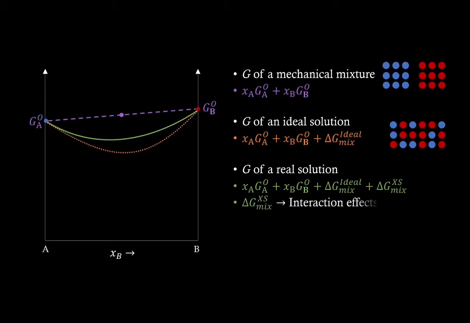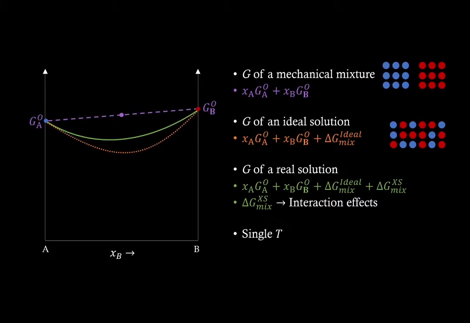So this excess takes care of all the interaction effects. We know that in an ideal solution there is no interaction between elements; we talk about enthalpy of mixing being 0. Here in real solutions there will be some interaction between elements, and that is the reason why it deviates from the ideal solution. That is captured in this term, delta G excess.